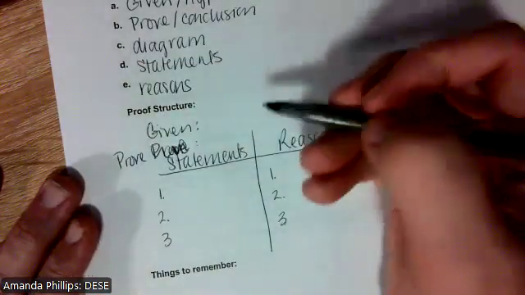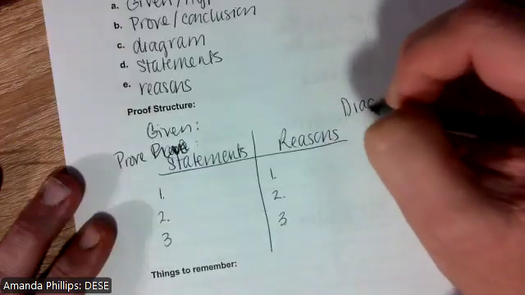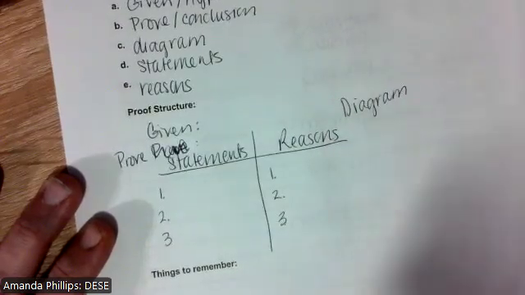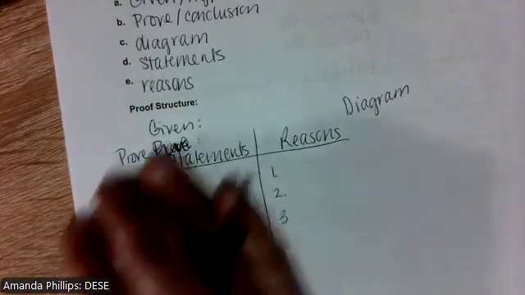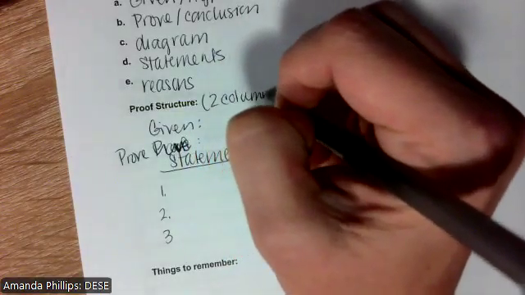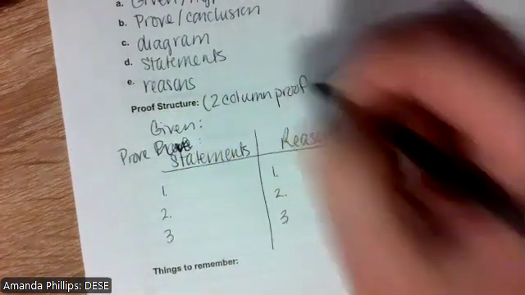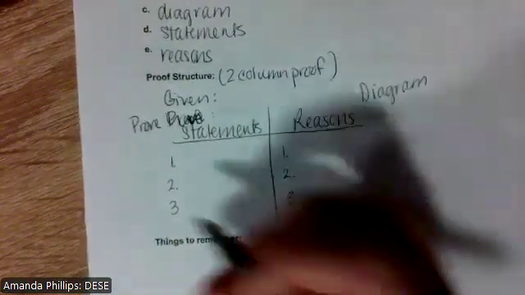So it'll have that at the top as well. And then usually somewhere off to the side here, we have a diagram that we can look at and tell things from and all that good stuff, okay? So again, this is a proof structure of a two-column proof, which is what we're working on today, okay? All right, so there are some things that I need you to remember.